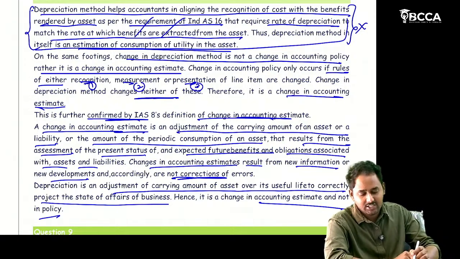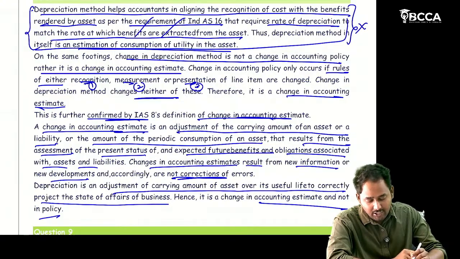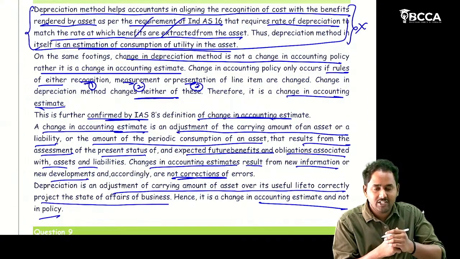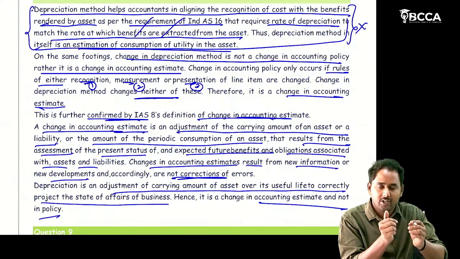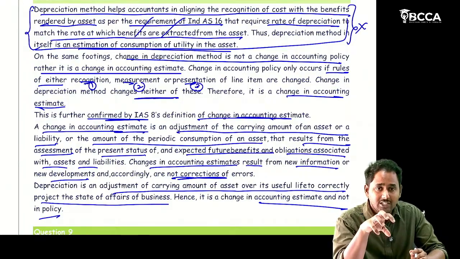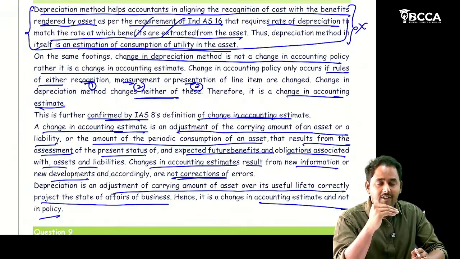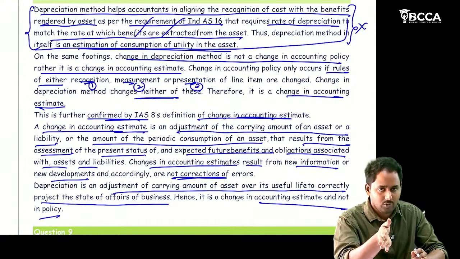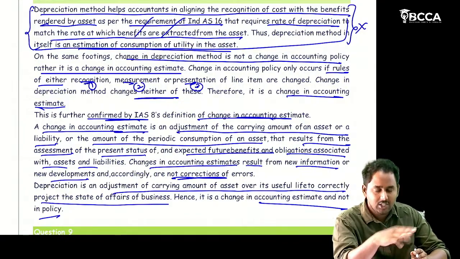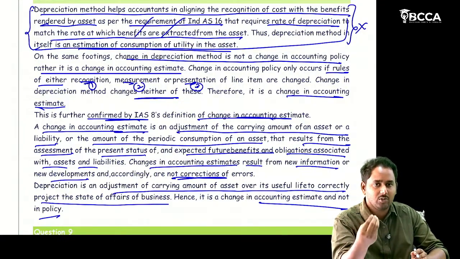After that, they have given the definition for change in accounting estimate. Here they are not giving the definition of accounting estimate or accounting policy. Their discussion is focusing on change in accounting estimate. When can we say that there is a change in accounting estimate? When can you say that there is a change in accounting policy? They have already discussed that: if there is a change in recognition rules, presentation rules, disclosure rules, then we can say that there is a change in accounting policy.